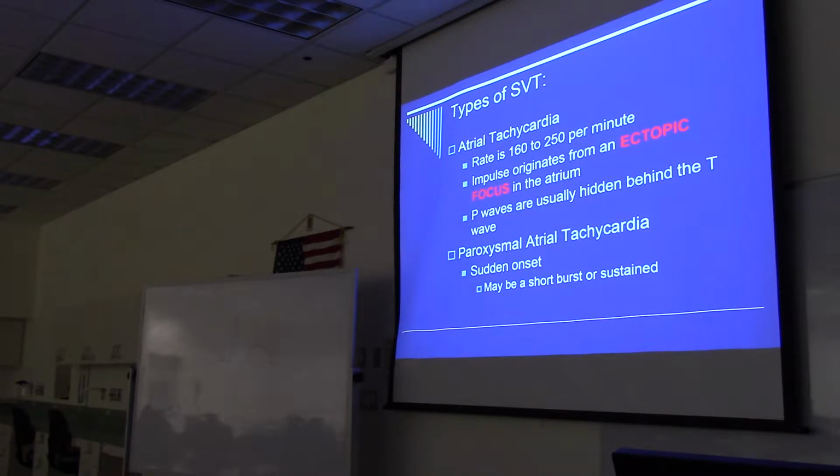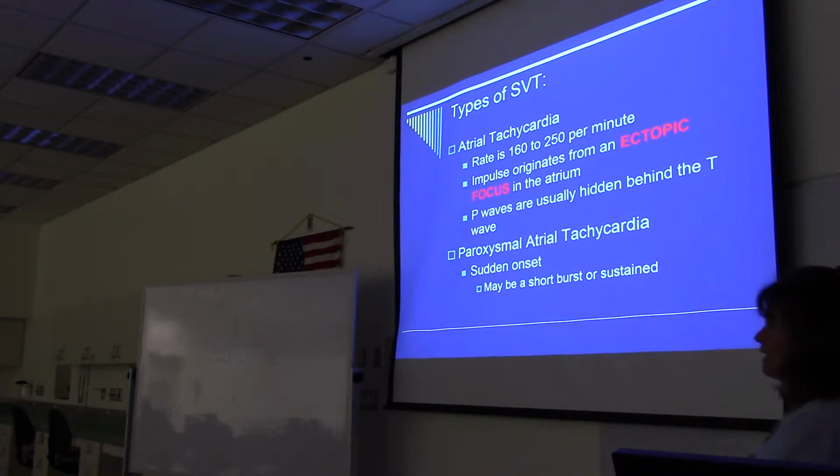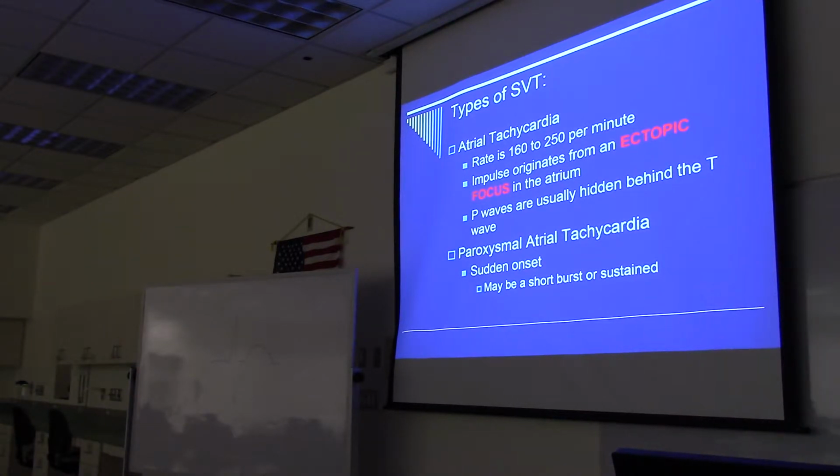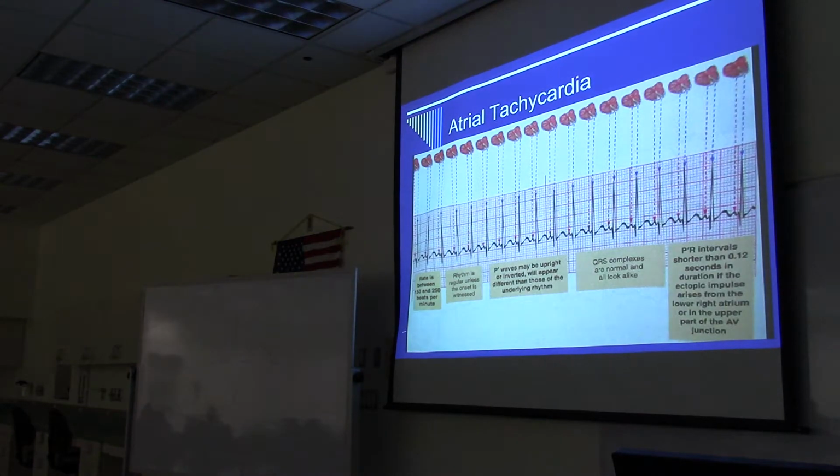It could be a short burst, or it could be sustained, where it's fast maybe for 10 seconds, and then it goes back to normal. So everything looks normal, it's just really fast. Paroxysmal atrial tachycardia.